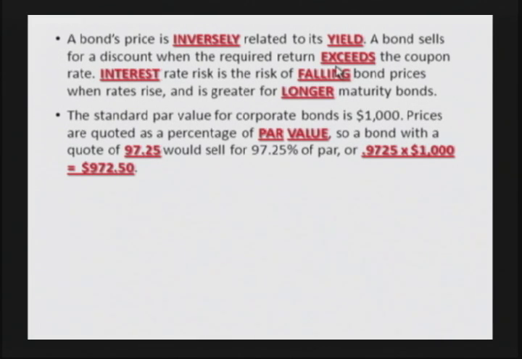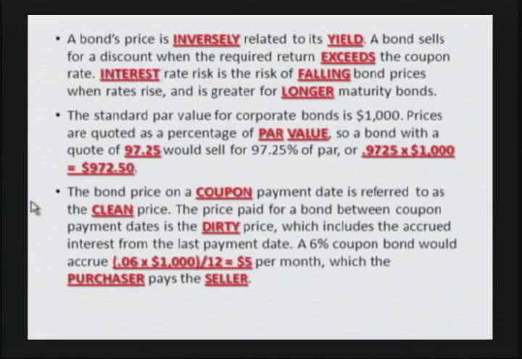The standard par value for corporate bonds is $1,000. Prices are then quoted as a percentage of the par value. So, for example, a bond with a quote of 97.25 would sell for 97.25% of its $1,000 par value, or $972.50.